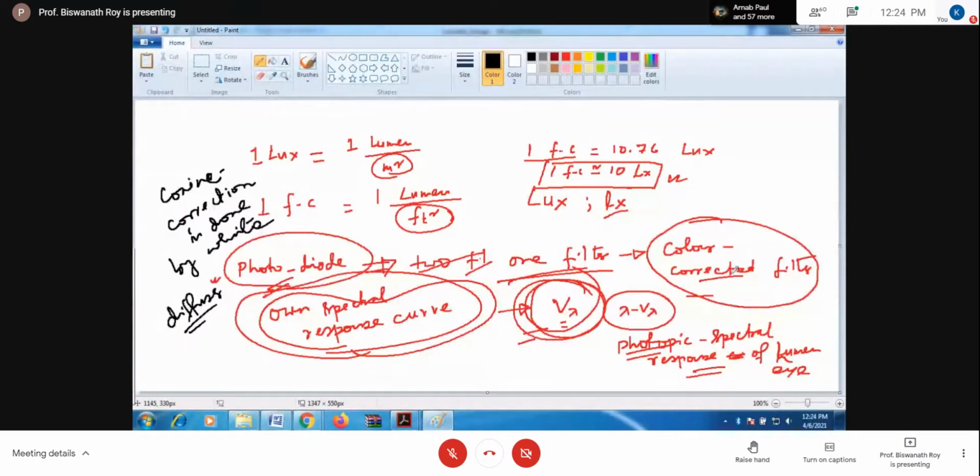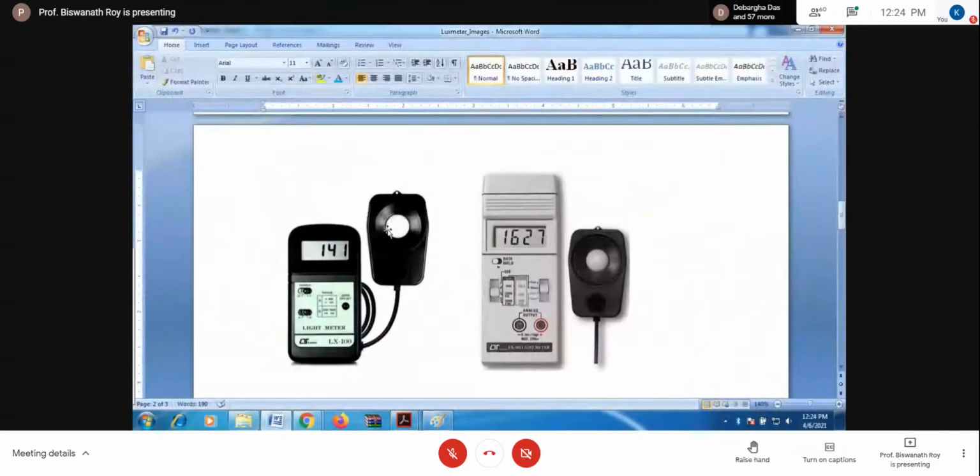So these two things are what I call essential. These two things are essential for any photosensor which is supposed to measure light or illuminance, right? So lux meter, wherever you see the lux meter, you see this cosine corrected, this white diffuser.